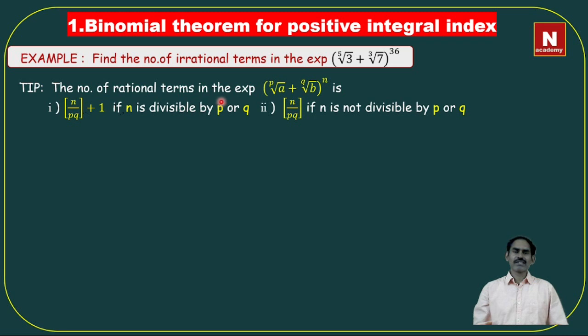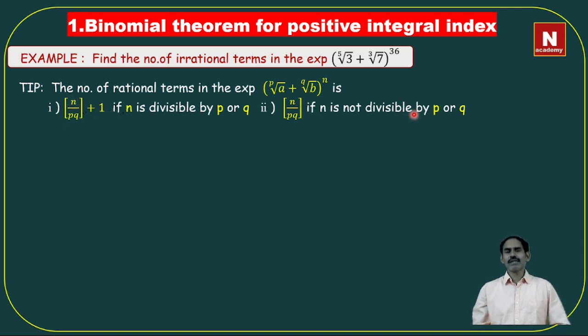The number of rational terms in the expansion of (p root a plus q root b) whole power n is step n by pq plus 1. This is the step function. If n is divisible by p or q, these two cases will arise here. If n is divisible by p or q, the formula is step n by pq plus 1.